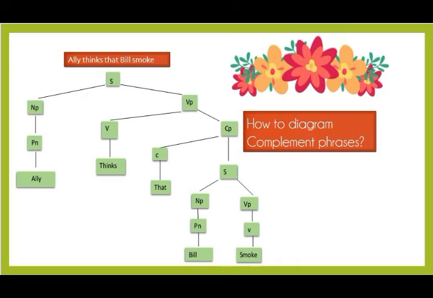Then we have another sentence, which is "Bill smokes." Bill is also a proper noun and is in the noun phrase. And then we have a verb phrase, which is the verb "smokes."